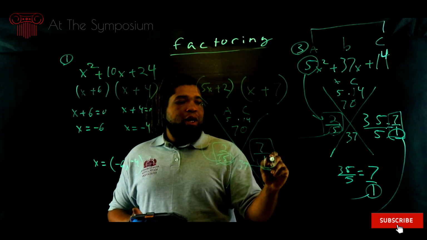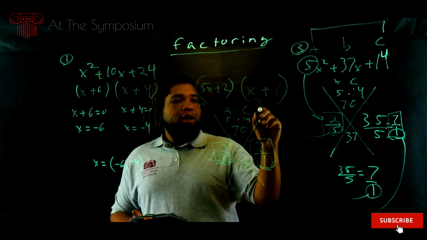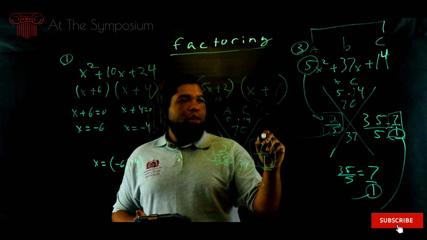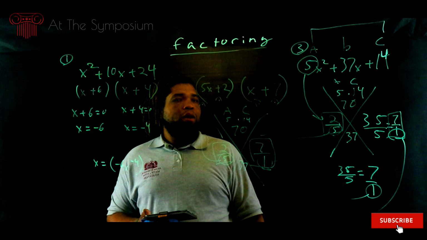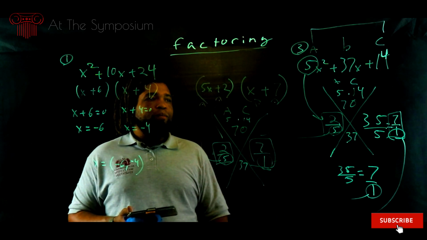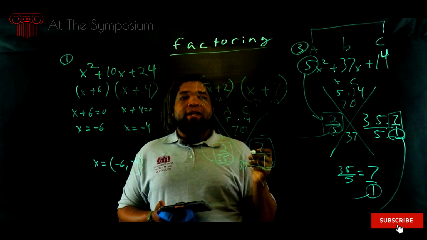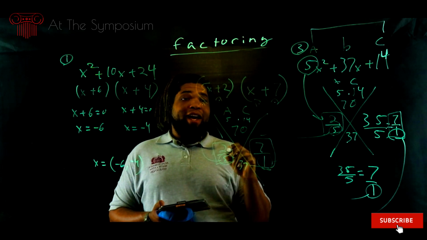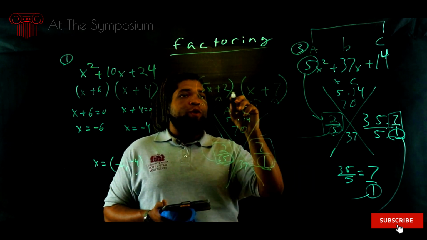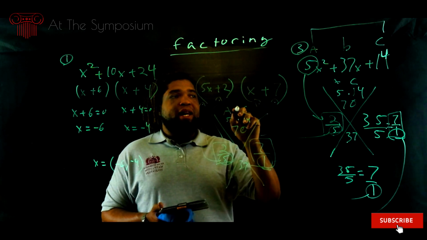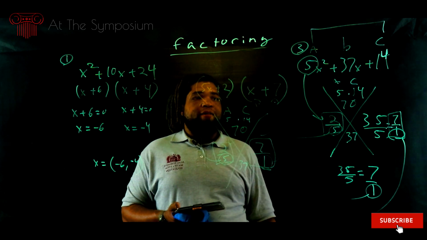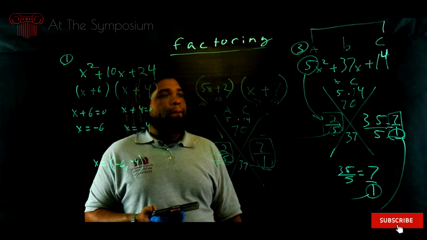We take this coefficient here, we move it there, and then the numerator just becomes our constants. And again, if we FOIL that, then that'll give us our answer again, and we can check it. So if we multiplied everything, we should get 5x squared plus 37x plus 14.